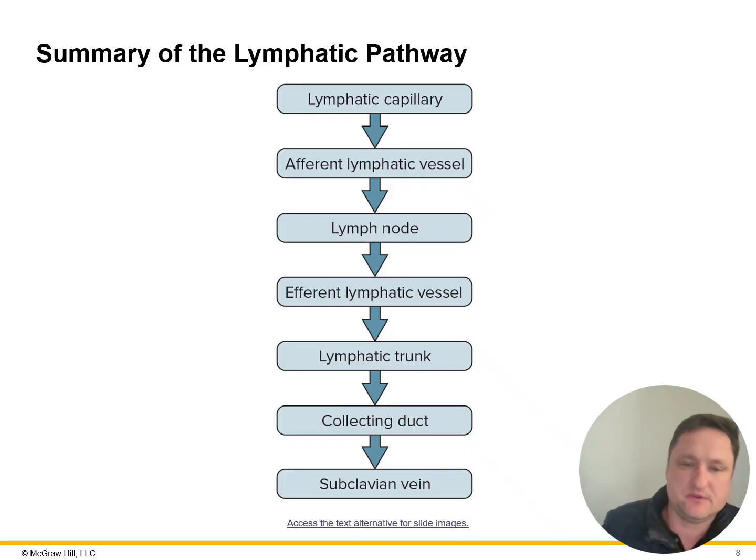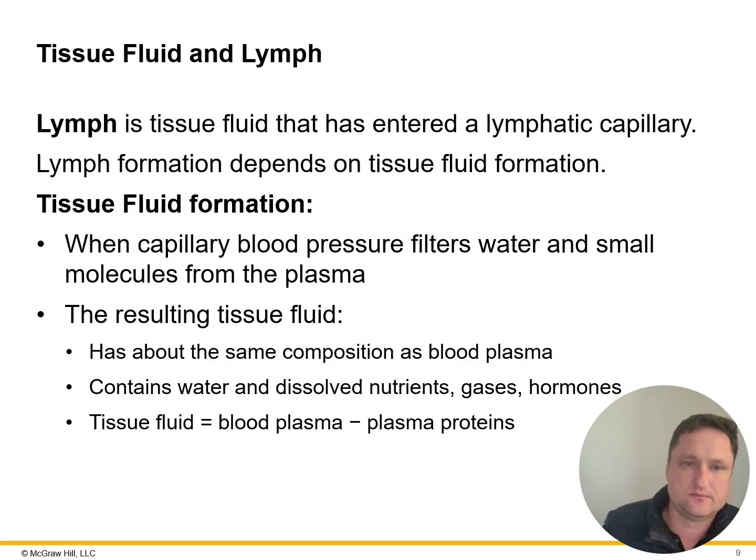Okay, so just a recap of the pathway. Tissue fluid and lymph. Let's talk about the actual fluid. Lymph is simply tissue fluid that has entered a lymphatic capillary. Its formation mirrors capillary dynamics. Blood pressure filters water and small solutes from plasma at the arterial end of blood capillaries, generating the tissue fluid.